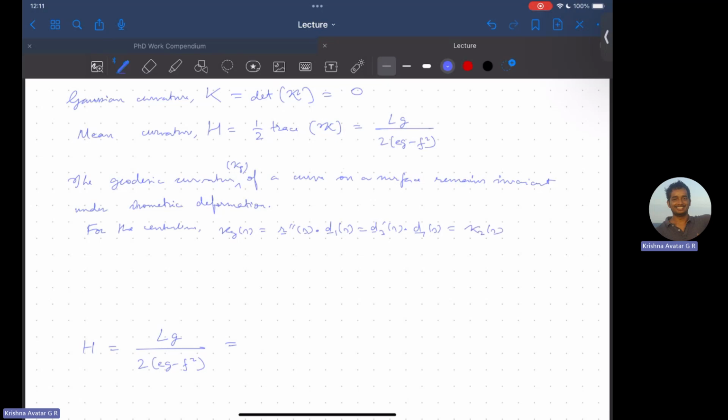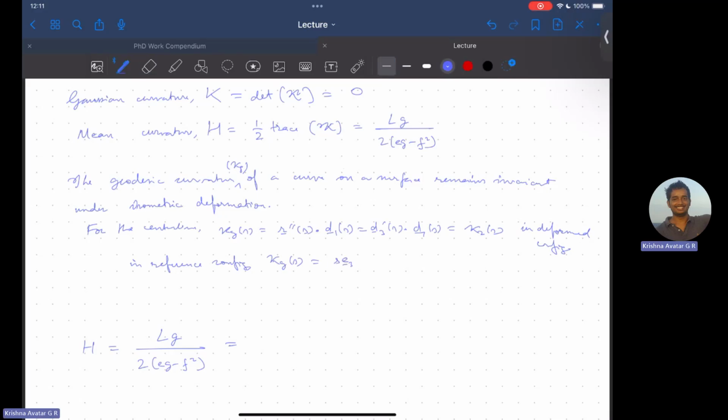And this is in the deformed configuration. And in the reference configuration, kappa g of S is equal to the same definition.